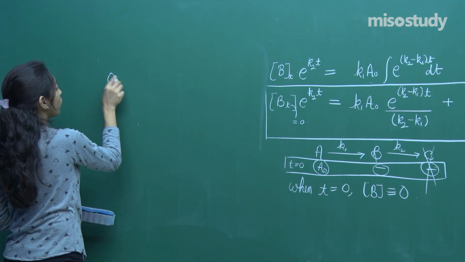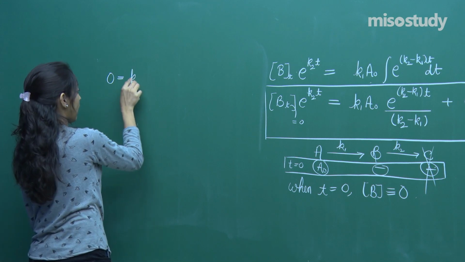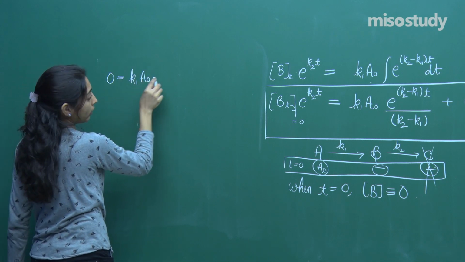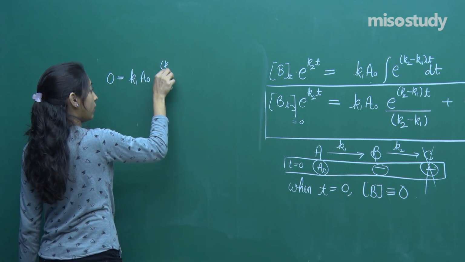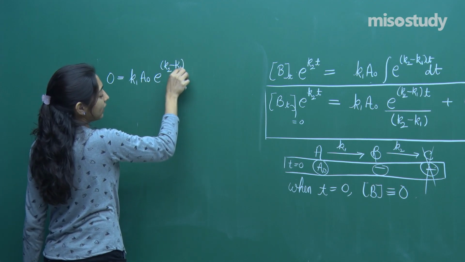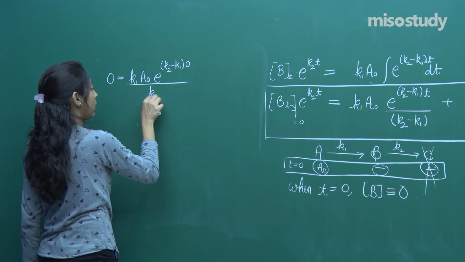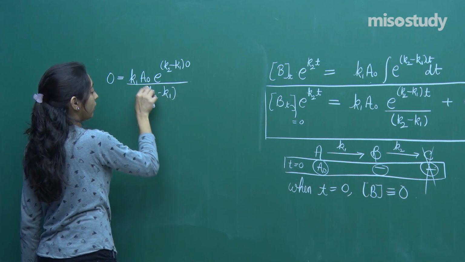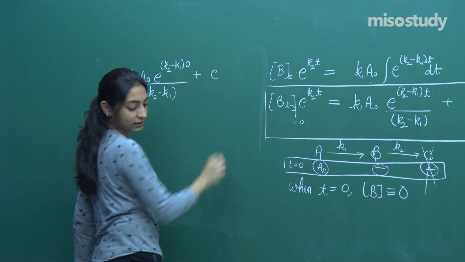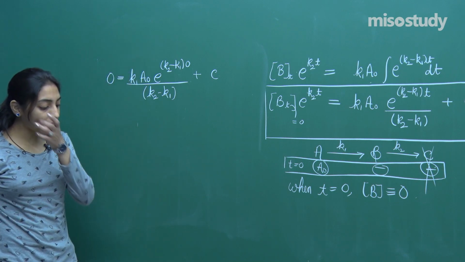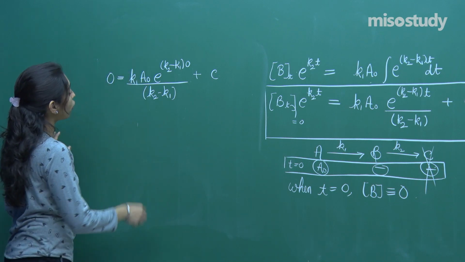So 0 will be equal to k1 a naught e raised to the power k2 minus k1 when t is 0, to be divided by k2 minus k1 plus c. Okay. So when you are getting this c, now you can solve it.